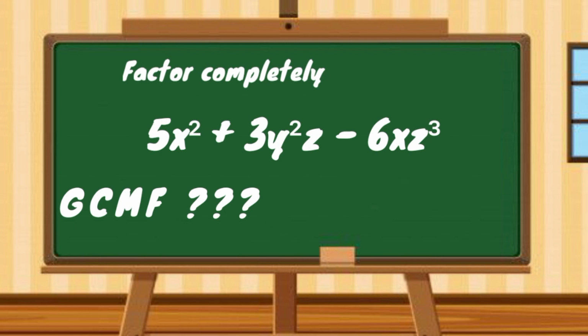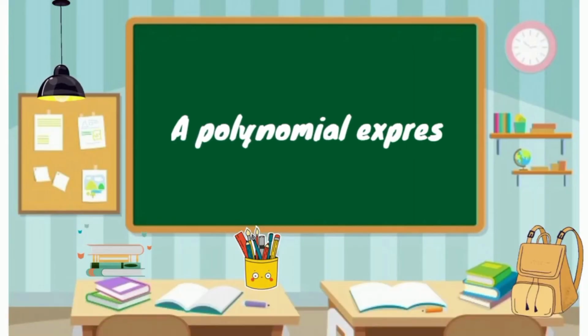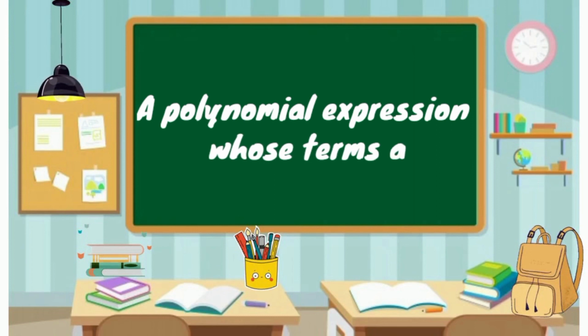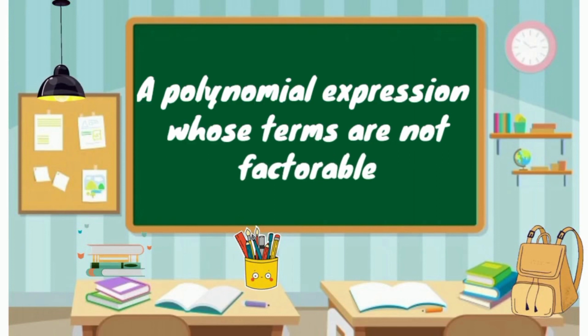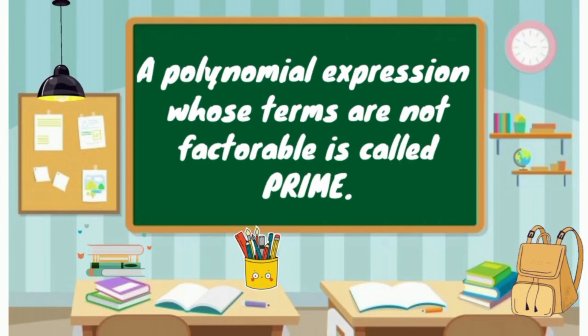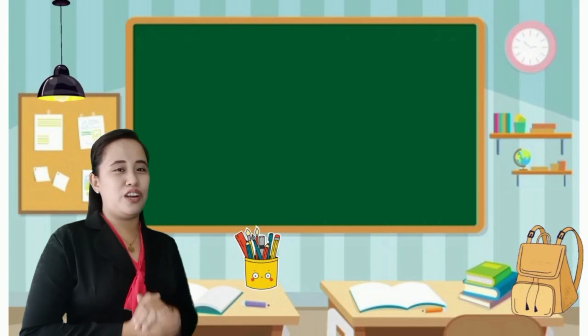We can say that 5x squared plus 3y squared z minus 6x z cubed is prime. Okay, very good. You've got it all correct.